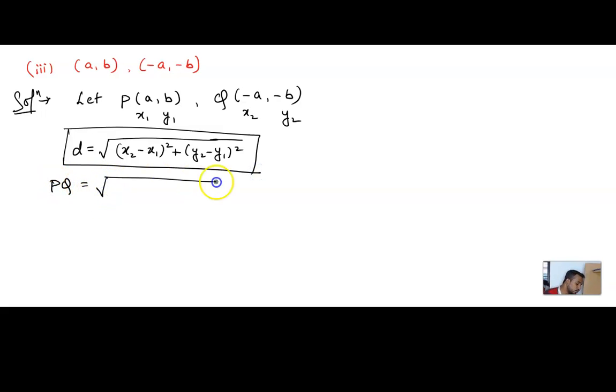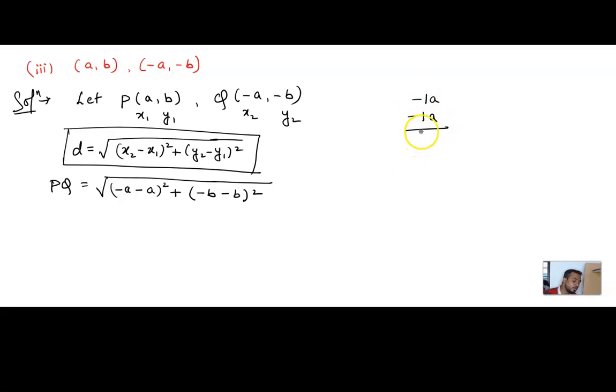That is equal to root of x2. What is x2? Minus A, minus x1 is plus A, whole square, plus y2 is minus B, minus y1 is plus B, whole square. See children, minus A means minus 1A. You should remember there is 1. Again minus A means again minus 1A.